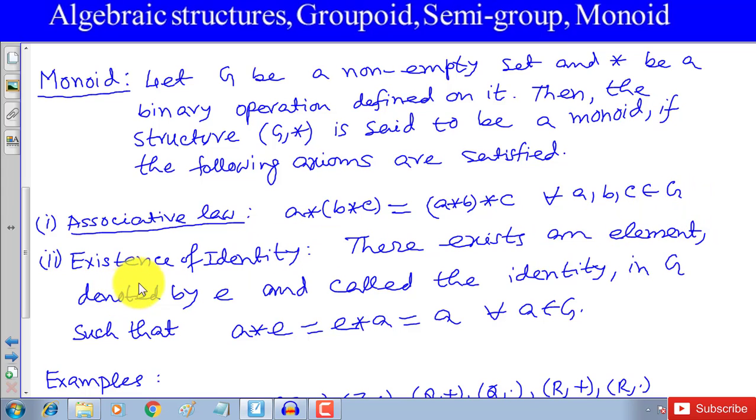Existence of identity: there exists an element denoted by E and called the identity in G such that A star E is equal to E star A is equal to A for all A belongs to G.